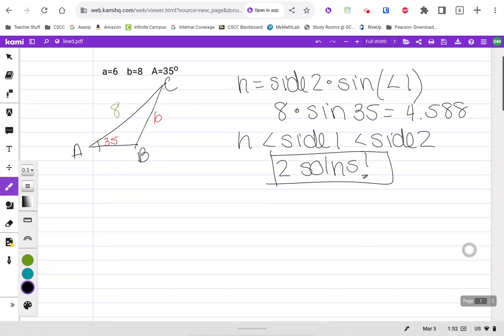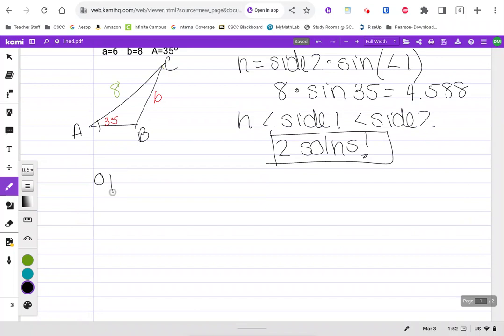All right, so let's start with option 1. Option 1 is where we just solve for angle B like normal.